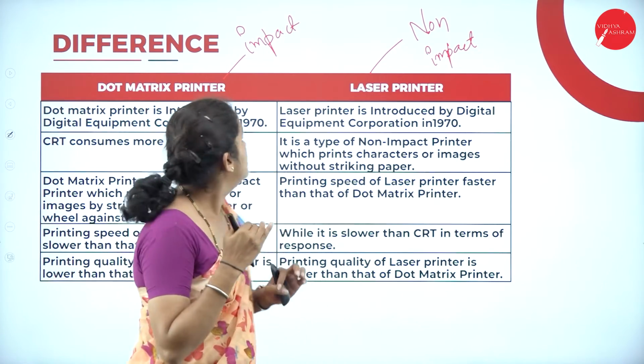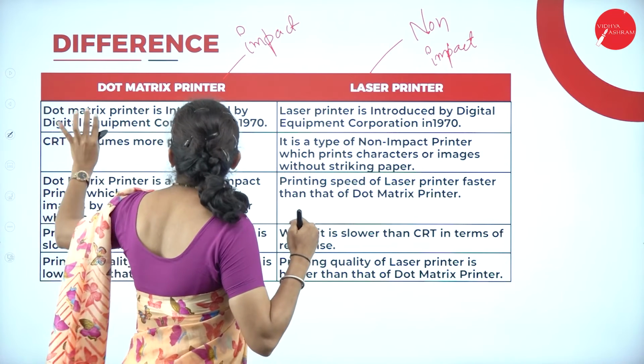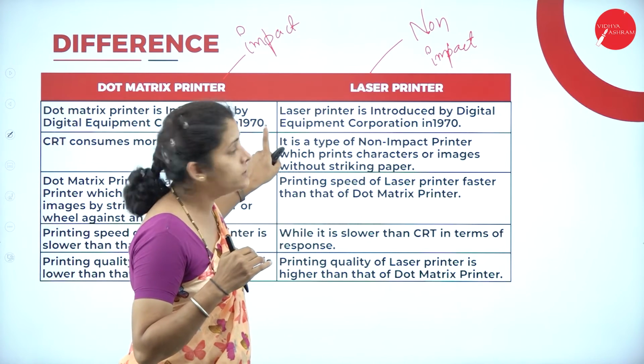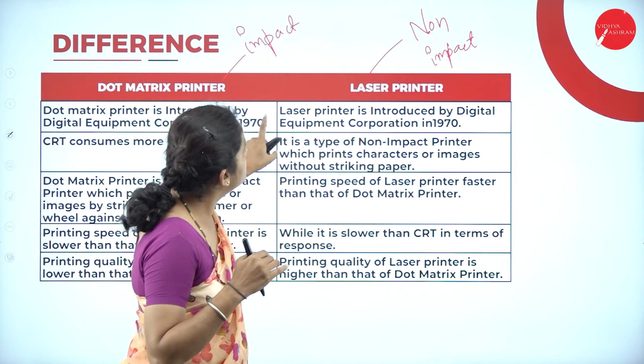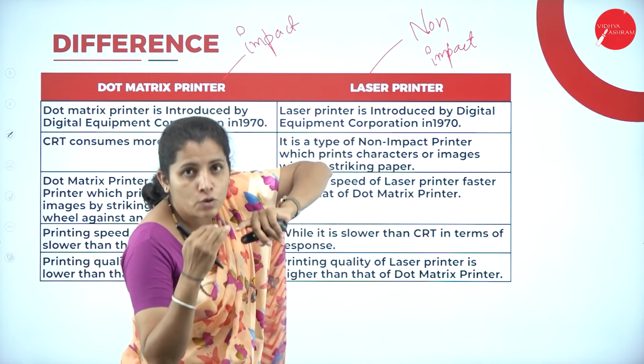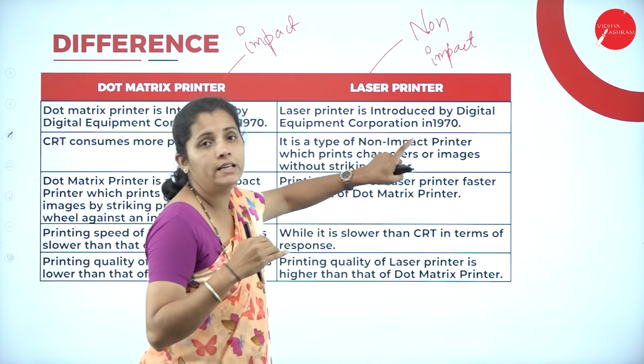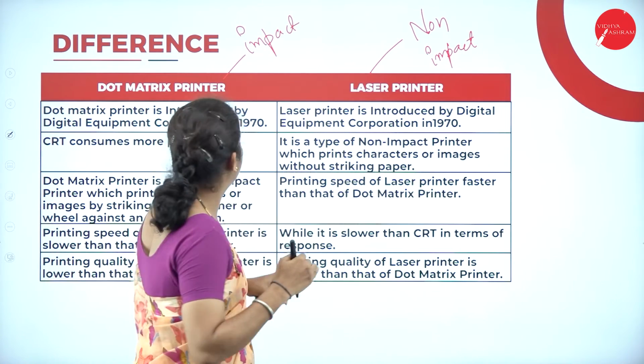The dot matrix printer was introduced by Digital Equipment Corporation in the year 1970, whereas the laser printer is also a product of Digital Equipment Corporation in 1970.